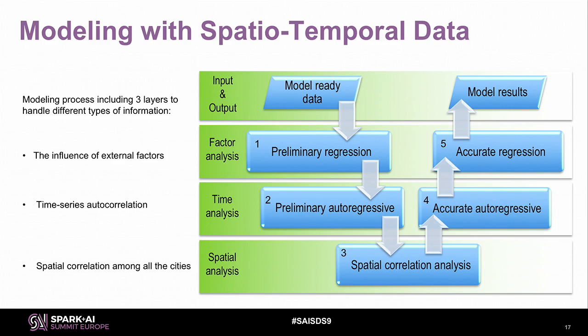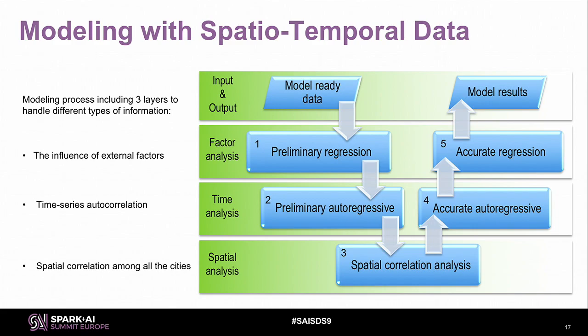The last layer, the spatial analysis layer, focuses on the spatial relation construction. It constructs a spatial correlation matrix to describe the influence between every two space blocks. We actually built a very large matrix for each of them.